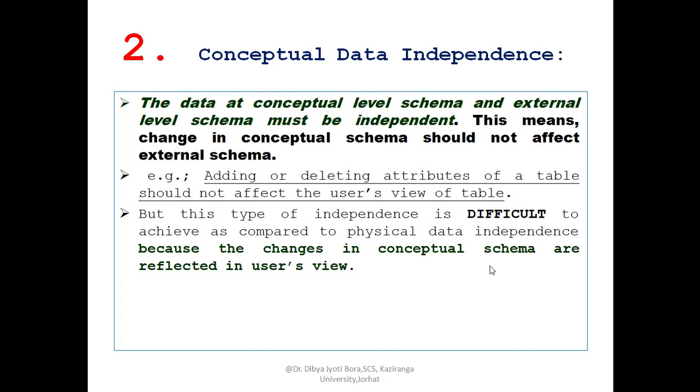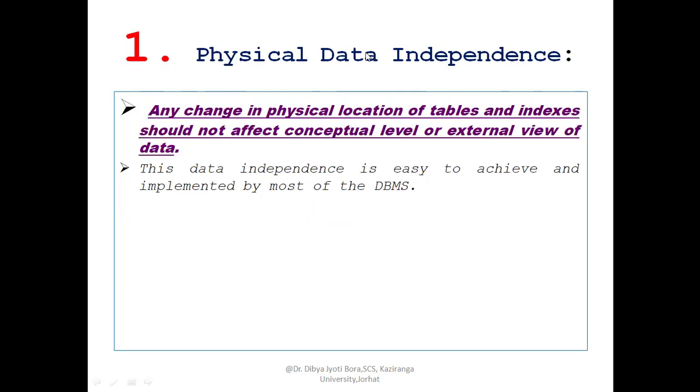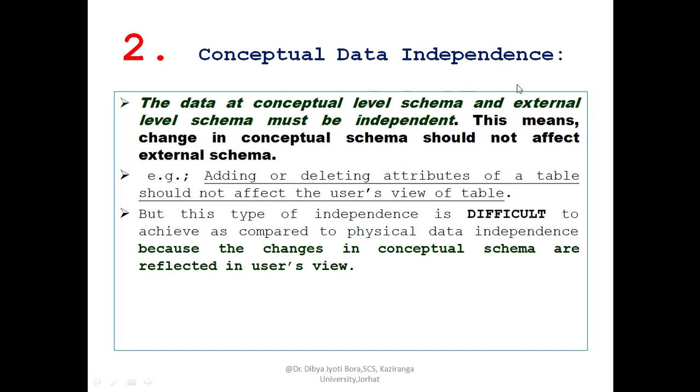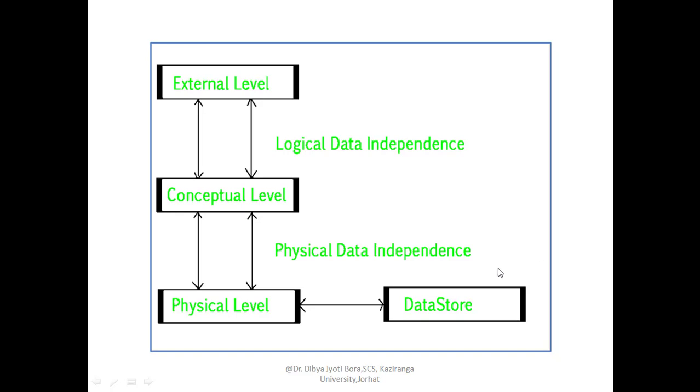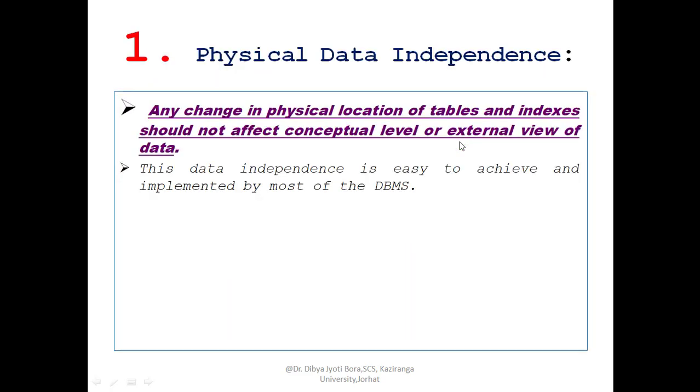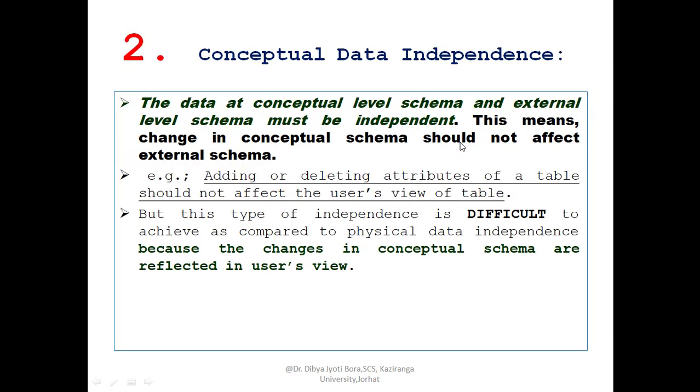So conceptual data independence is harder to achieve. So these two terms, physical data independence and conceptual data independence, are clear to you. And I am again repeating the same thing: physical data independence lies between the physical level and conceptual level, and logical data independence between the conceptual and external levels. Clear? I hope these topics are clear to you.